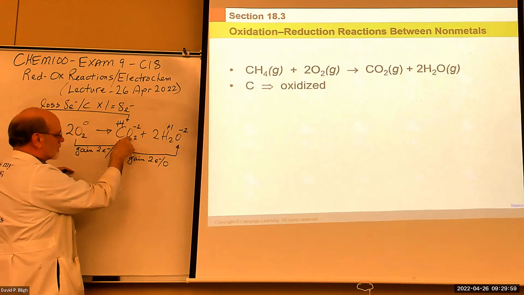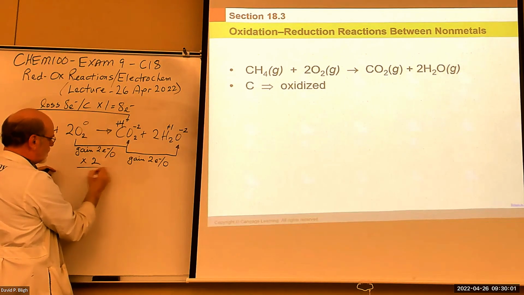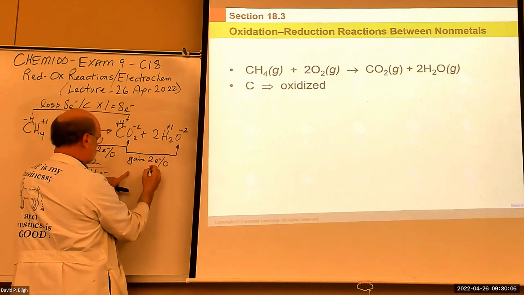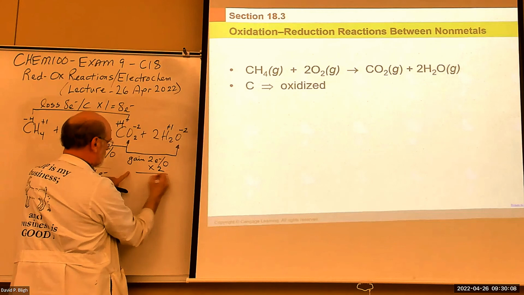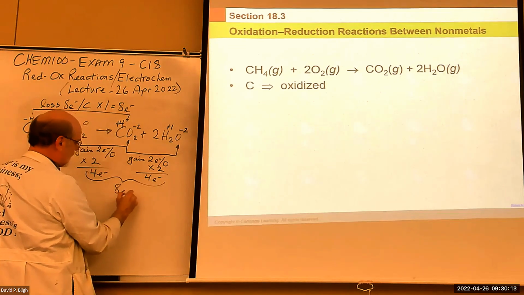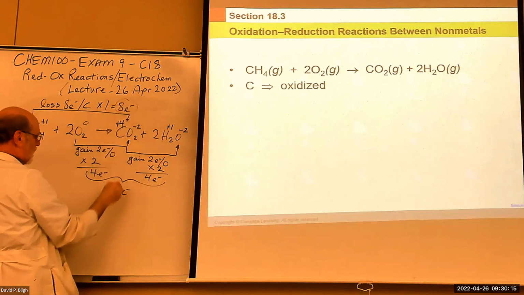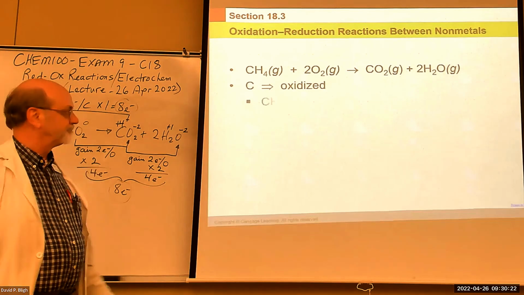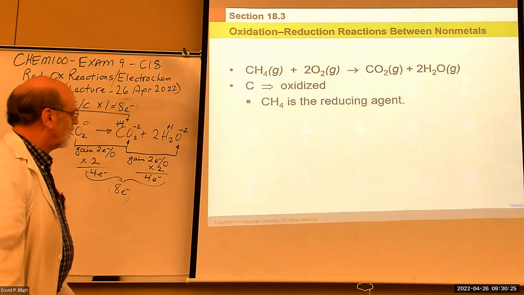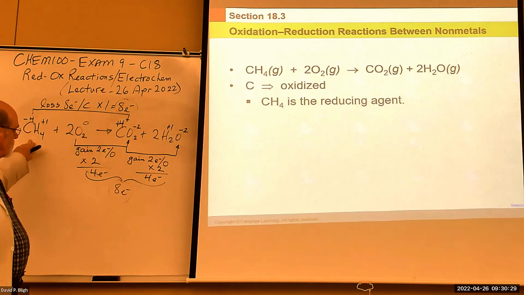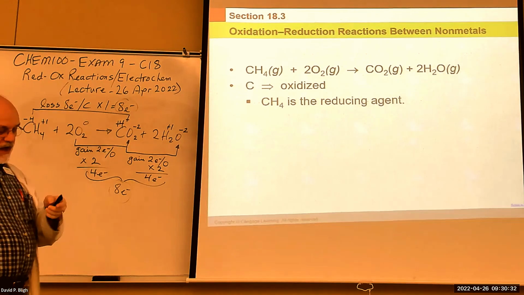Here you have 2 oxygens, equals 4 electrons, and here you have 2 oxygens, is 4 electrons, which together is 8 electrons. So we've accounted for all the electrons. That makes methane the reducing agent, and oxygen is the oxidizing agent.